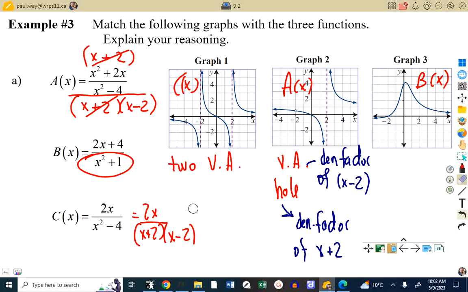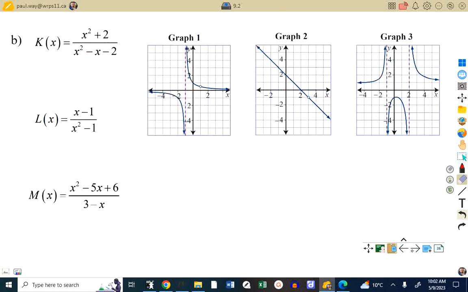Are we okay with example 3a? All right. B, I hope you're understanding that, well, a couple of things. You were not expected to know why these graphs looked like what they looked like. That's not what this lesson is about.